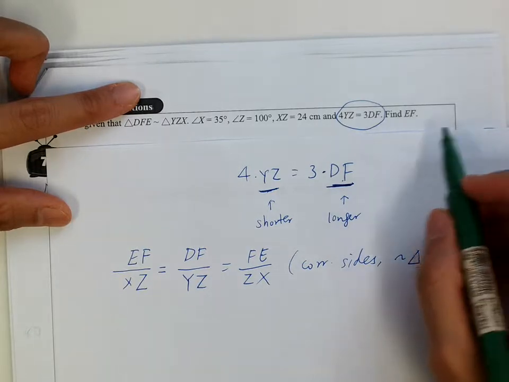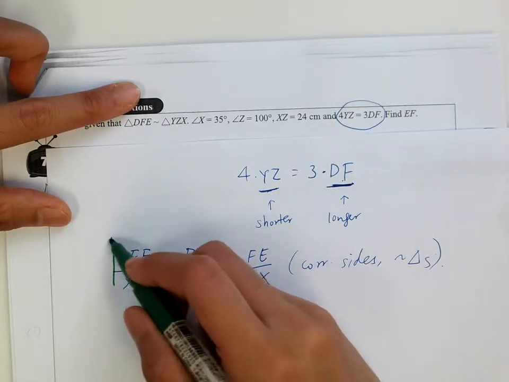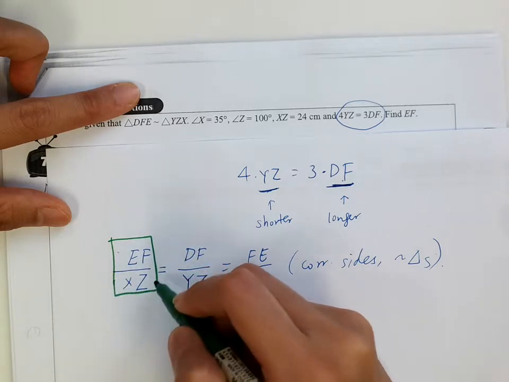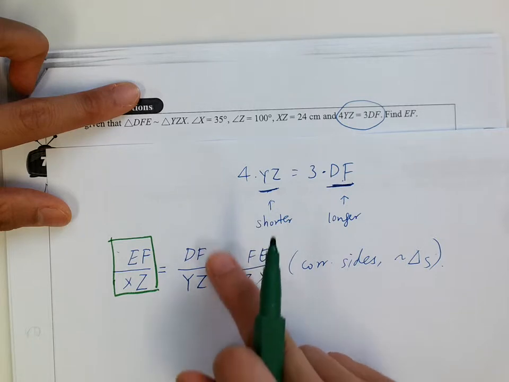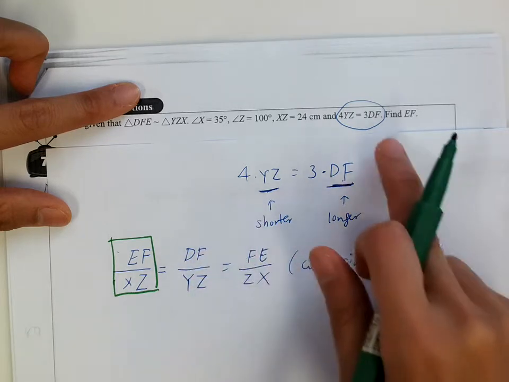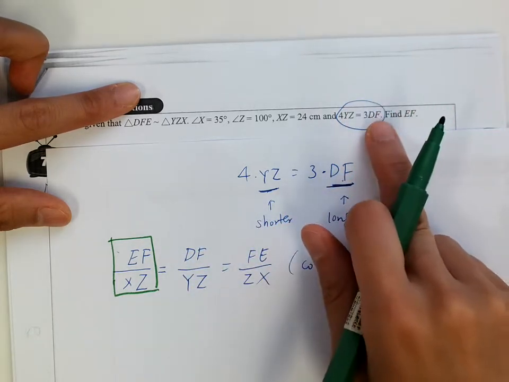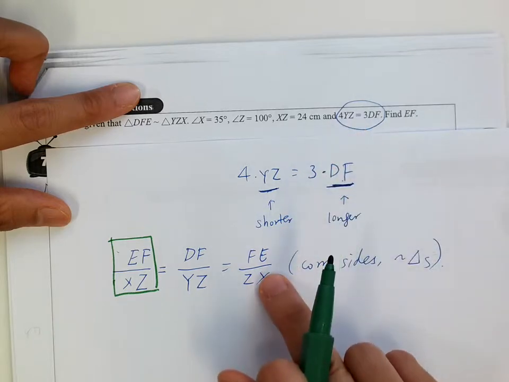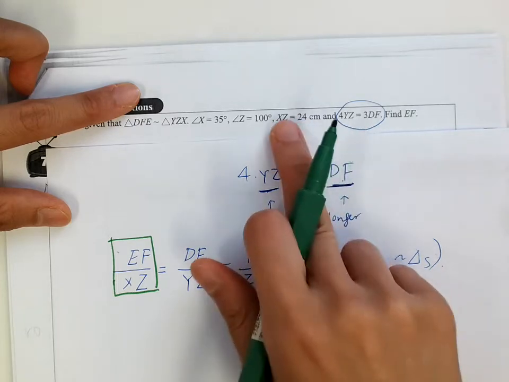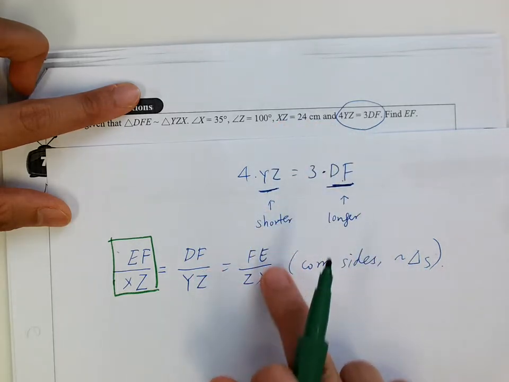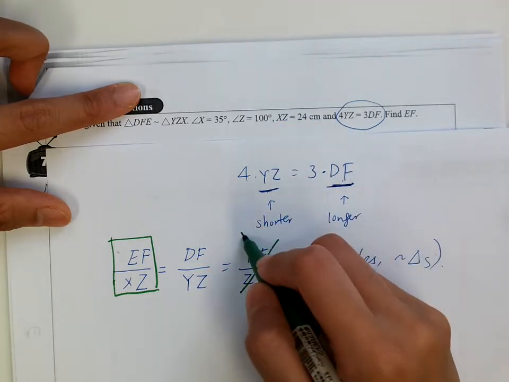So the first one should be useful because we are looking for EF. DF and YZ is also useful because we have some relationship between DF and YZ. What about this one, FE and ZX? We don't know the length, we don't know any relationship between FE and ZX, so we won't use this pair.